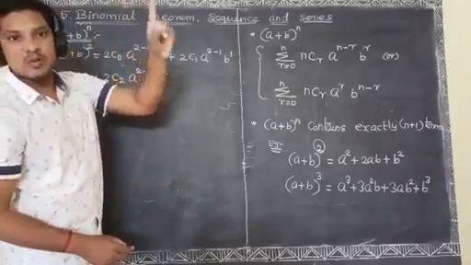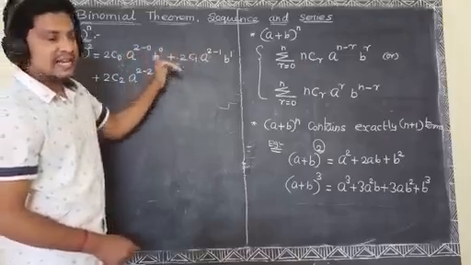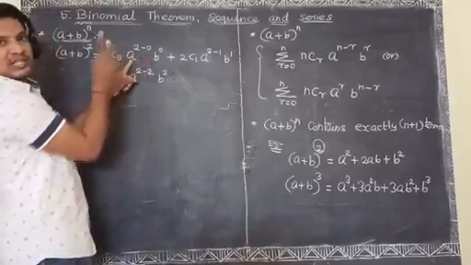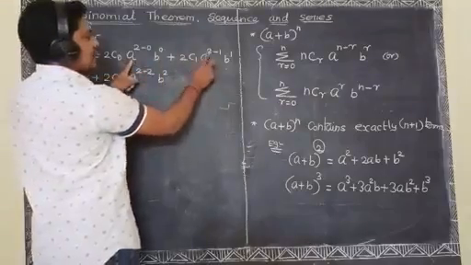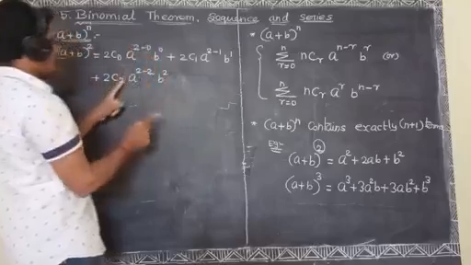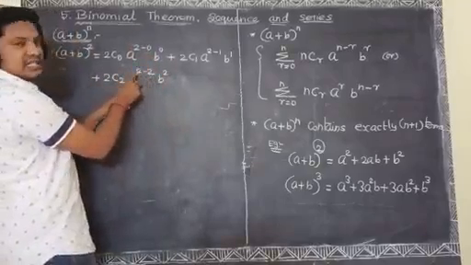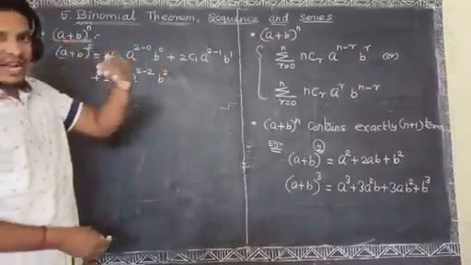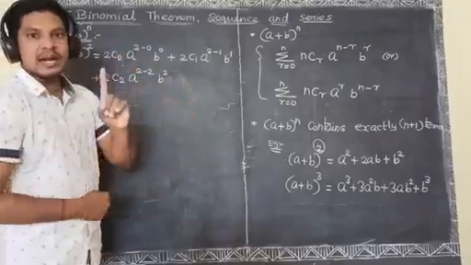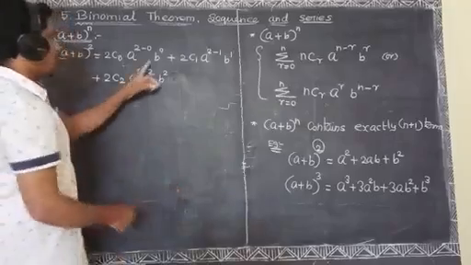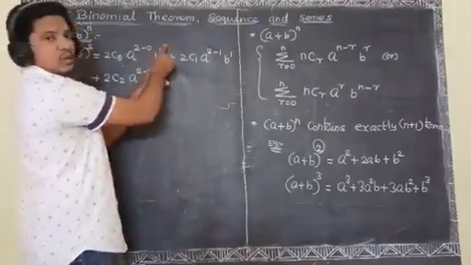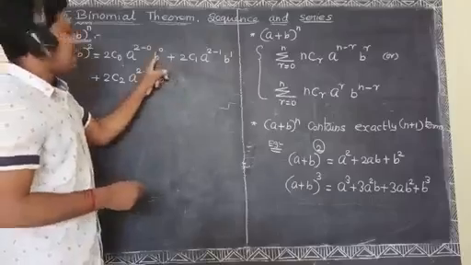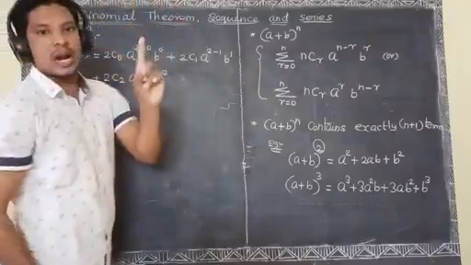For example, in the first term a power 2 minus 0 is 2, then the next term a power 2 minus 1 is 1, in the last term a power 2 minus 2 is 0. A power 2, a power 1, a power 0. Then the powers of a decrease by 1 in each term. In the first term b power 0, the next term b power 1, the next term b power 2. The powers of b increase by 1 in each term.